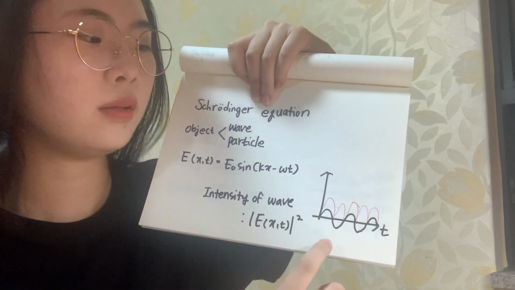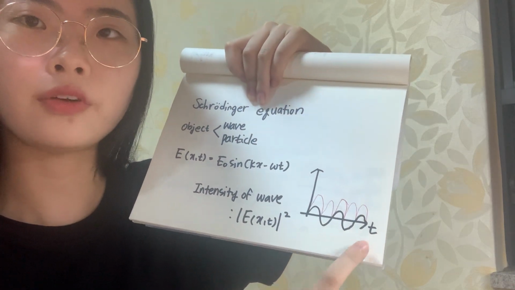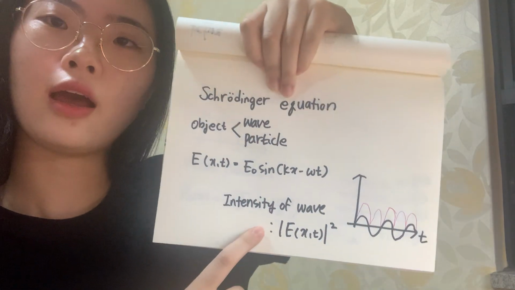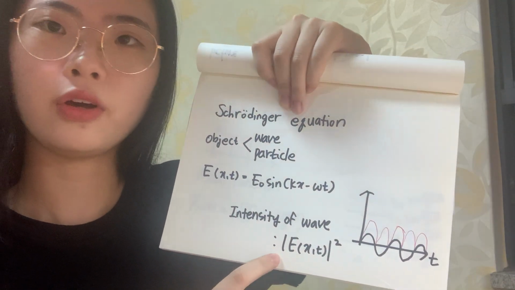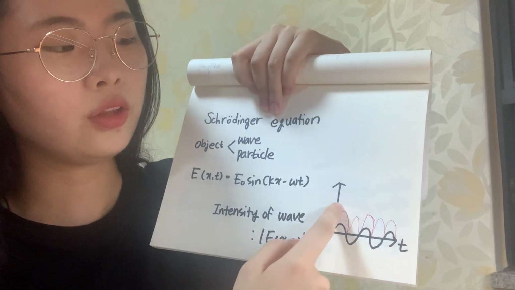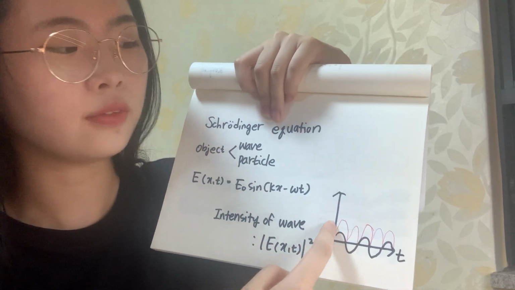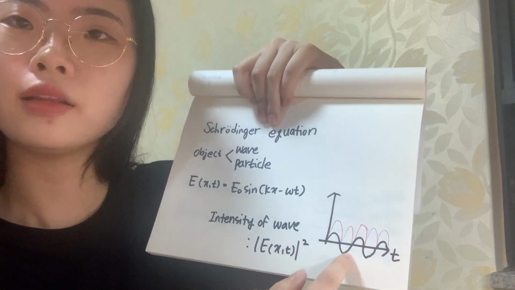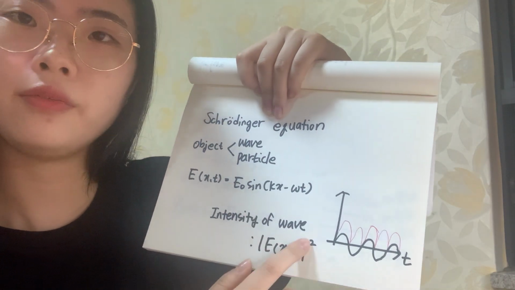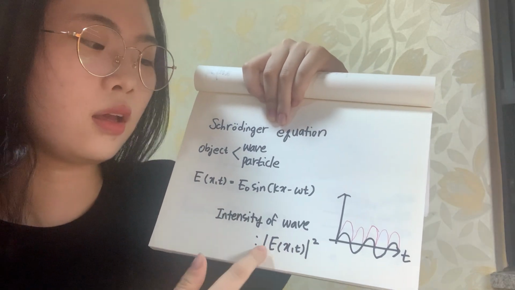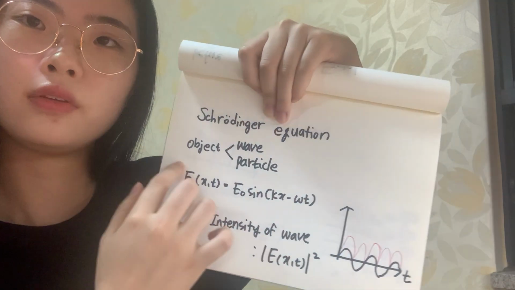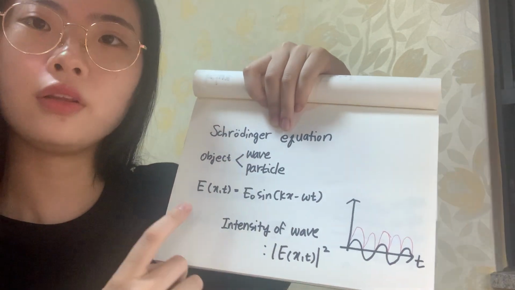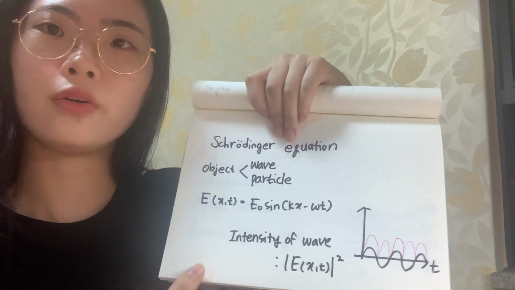This graph in black line is the original graph of this equation, but after we calculate the absolute value of this equation, we can draw another graph, this red line graph. This red line means the intensity of the wave. So if you calculate the absolute value of this equation, you can calculate the intensity of the wave.